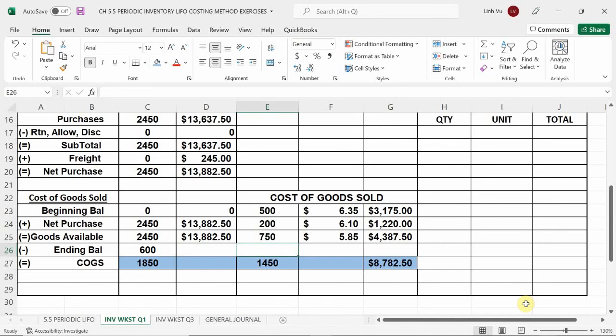So in this case, if you can't do the math, you could use Excel and say, well, if I need to get to 1,850 and I have 1,450, I need 400 more to get me to 1,850.